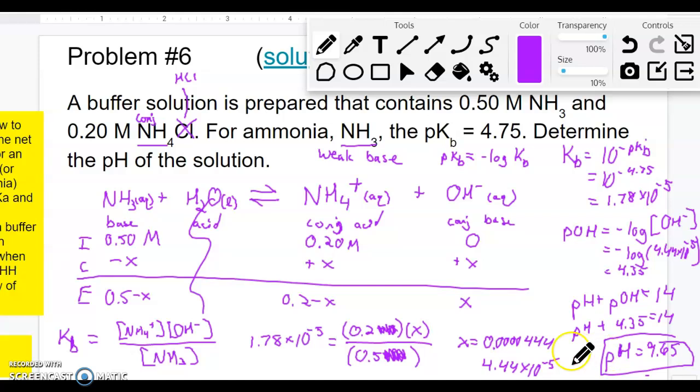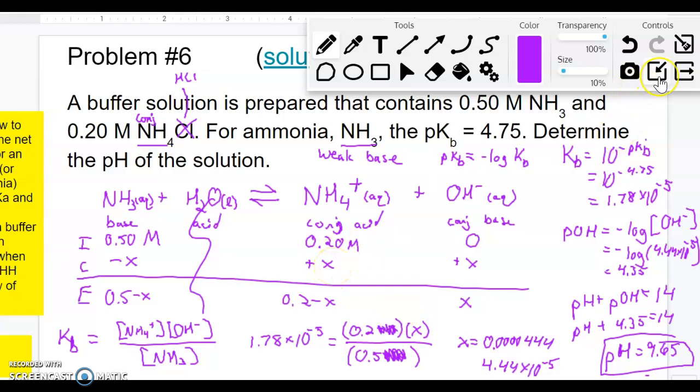And our pOH is also coming out to be basic because it's a low pOH. It's lower than 7, and that's how the pOH scale works. But the pH scale is more common than what we use. And so that part makes sense.